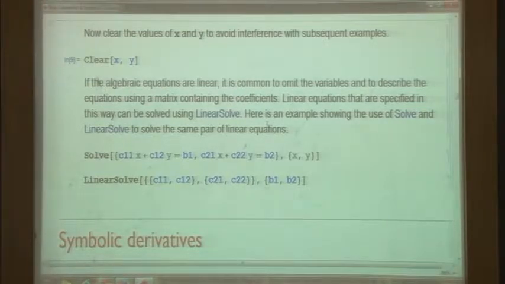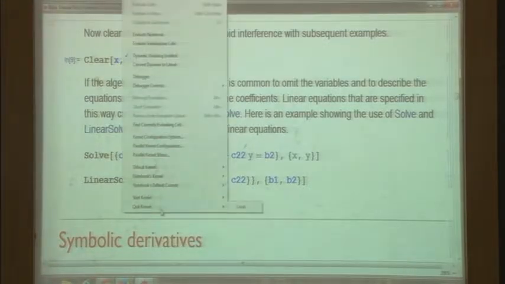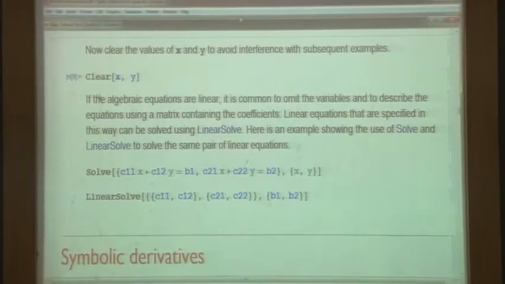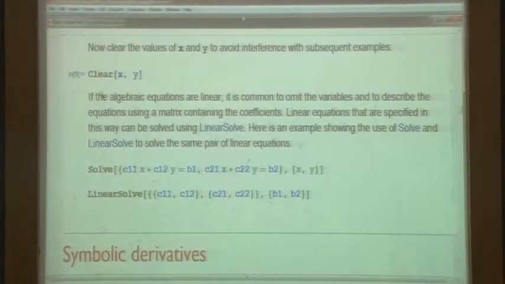By the way, if you want to start clean, let's say you have defined a lot of variables and you want to remove all of them, we have two options. One possibility would be to go, like we discussed yesterday, Evaluation, Quit Kernel, but if you do that, all your definitions for functions, etc., will be gone as well.